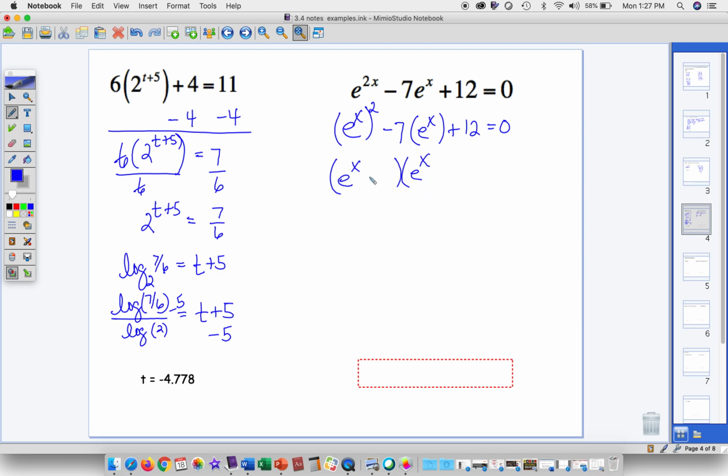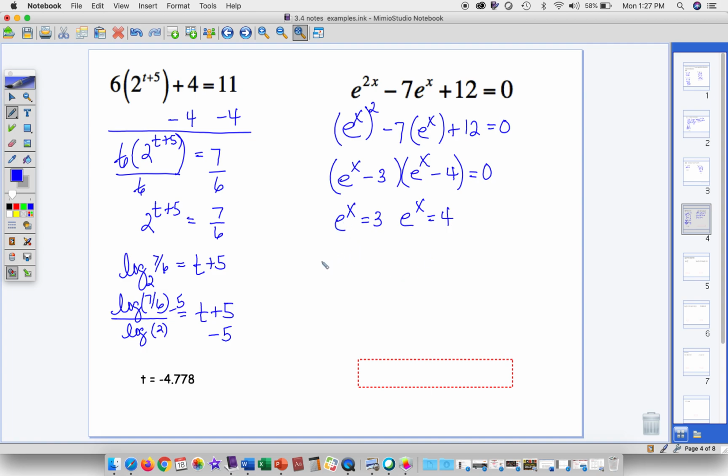So I'm going to subtract 3, and I'm going to subtract 4. Right, that gives me a positive 12, and when I add them I get the negative 7. From here we use our zero product property like we normally would. So I get e to the x is equal to 3. And e to the x is equal to 4.